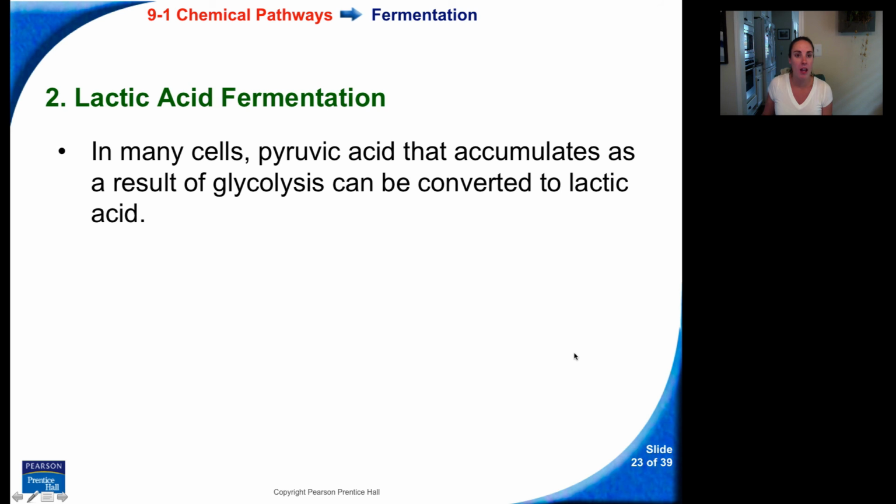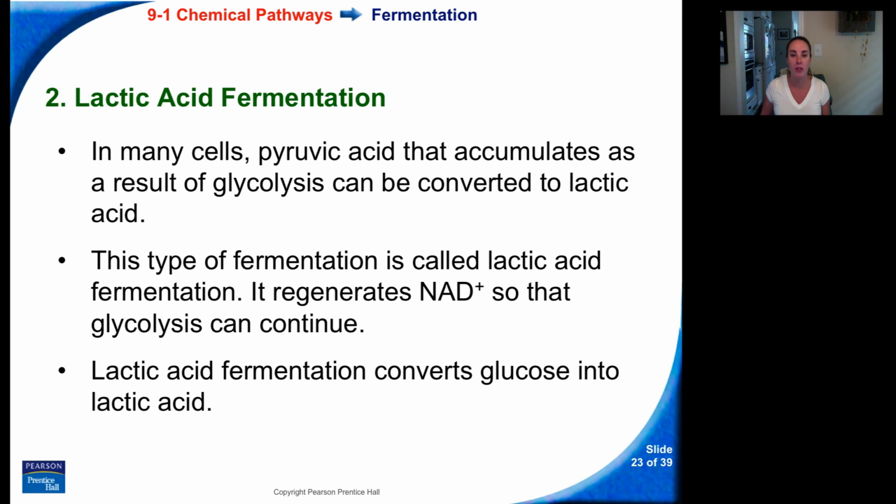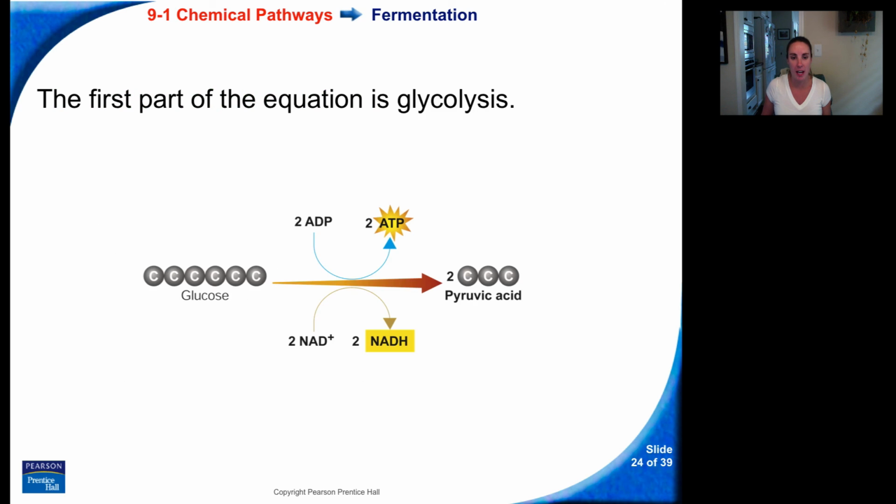Okay? Lactic acid fermentation, on the other hand: in many cells, pyruvic acid that accumulates as a result of glycolysis can be converted to lactic acid. This is called lactic acid fermentation, and it regenerates NAD+ so that glycolysis can continue. It converts glucose into lactic acid.